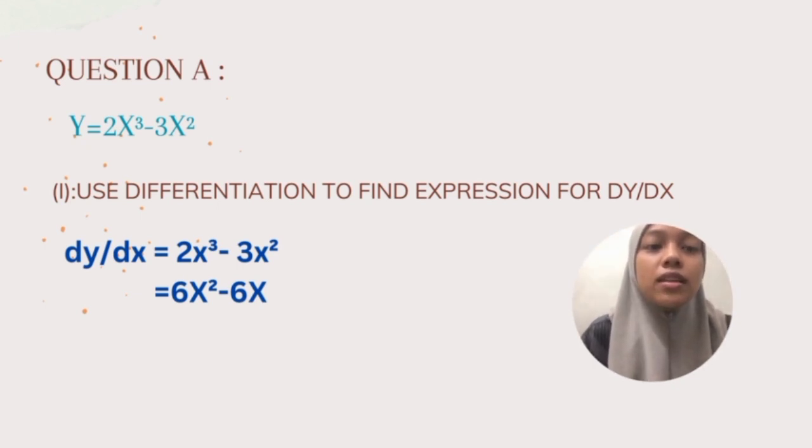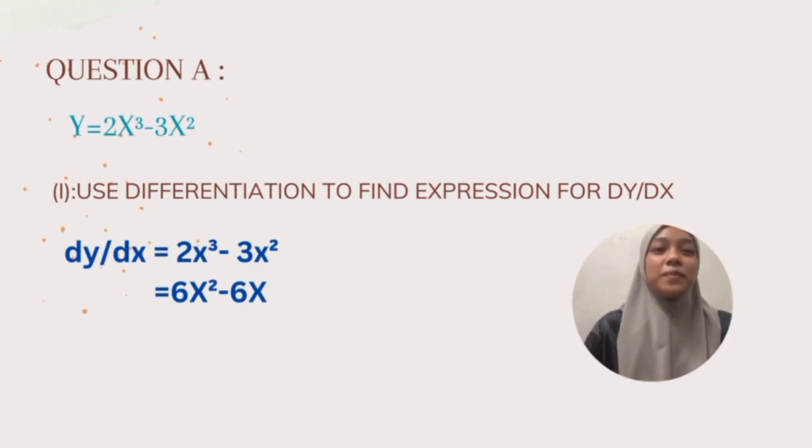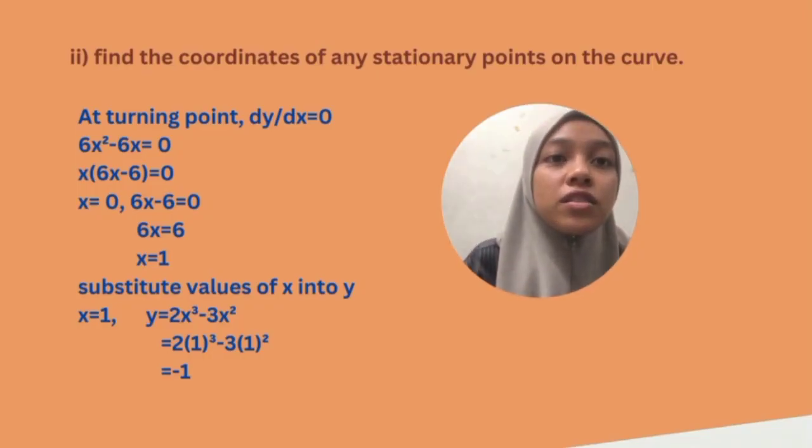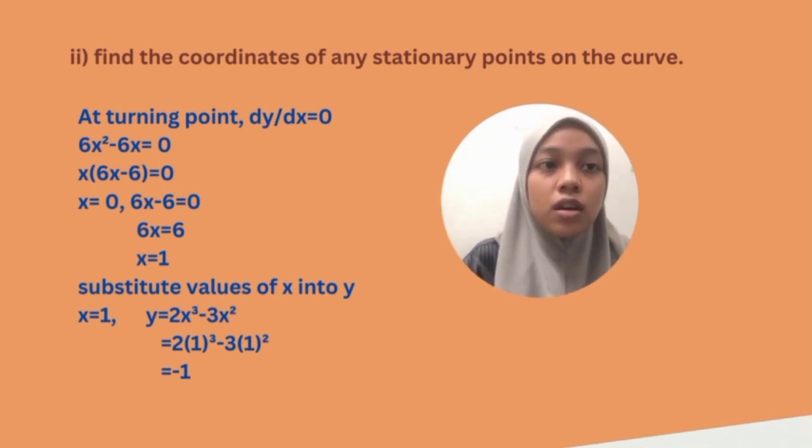For question A, the derivative of y equals 2x cubed minus 3x squared is 6x squared minus 6x. For question number 2, find the coordinates of any stationary points of the curve.